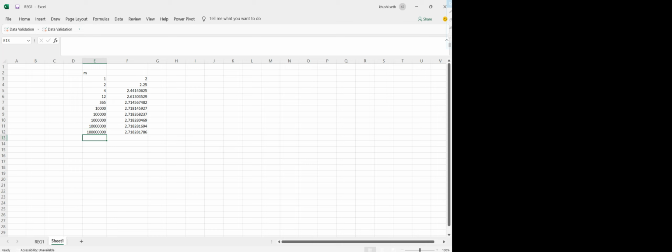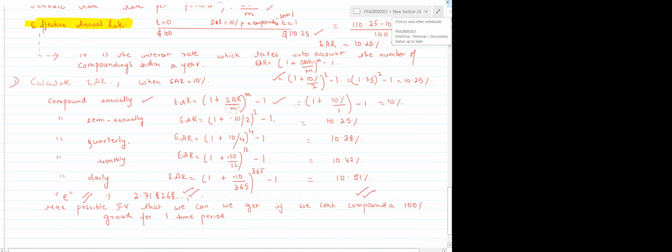See, guys, the future value is not increasing beyond 2.71828. It is settling around that number. So if I compound infinitely, my $1 will not exceed 2.71828. That is the basic implication of this.